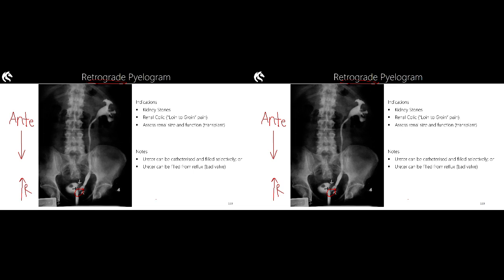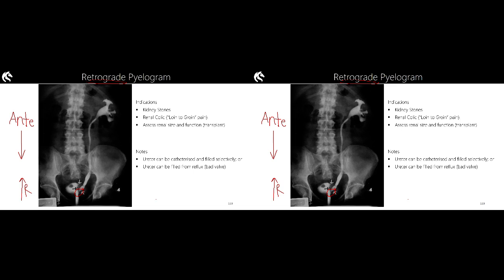Now, what happens in these examinations? A retrograde pyelogram tends to start off either in a fluoroscopy setting or in an operating theatre setting. It starts off with a urologist who is going to use a cystoscope, okay, so it's an endoscopic procedure which catheterizes through the patient's urethra and into their urinary bladder.